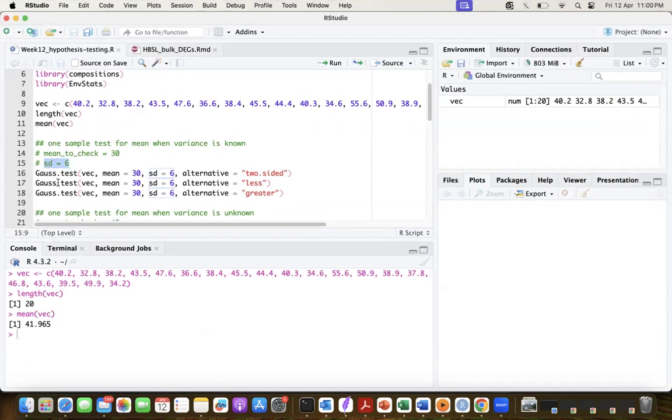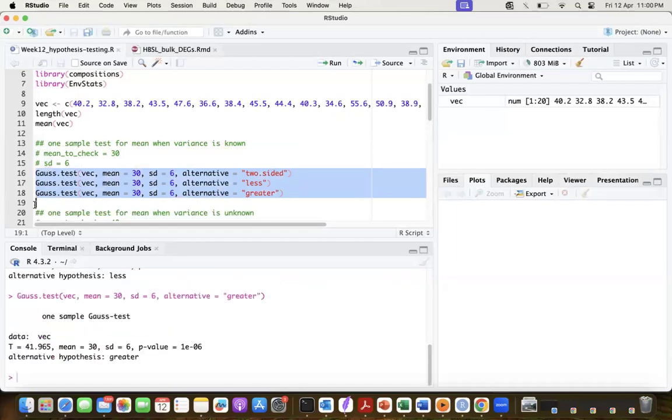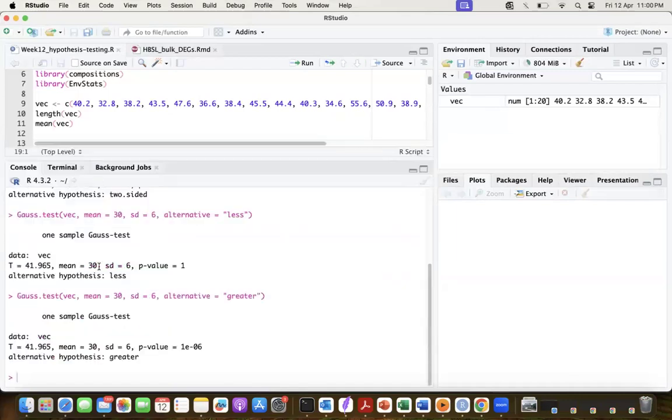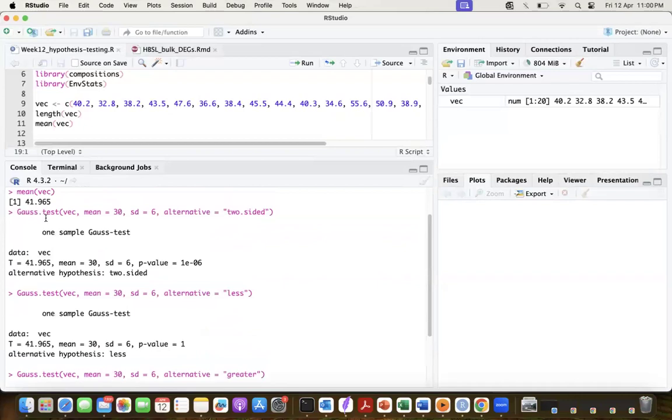So now if you want to do the three cases, we did it manually also, right? We calculated the Z statistic, the Z value, and we saw whether it's lying in the shaded region or not. Likewise, we can also do it in R. We have this function called gauss.test.